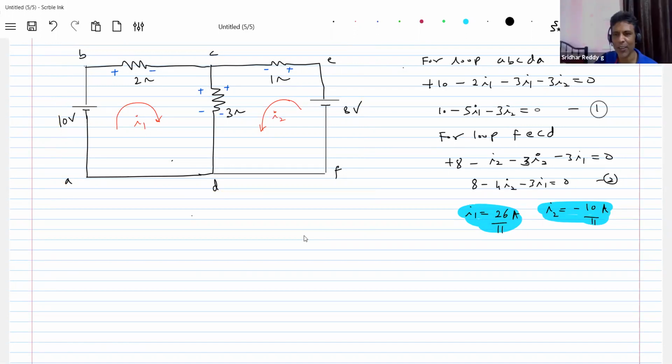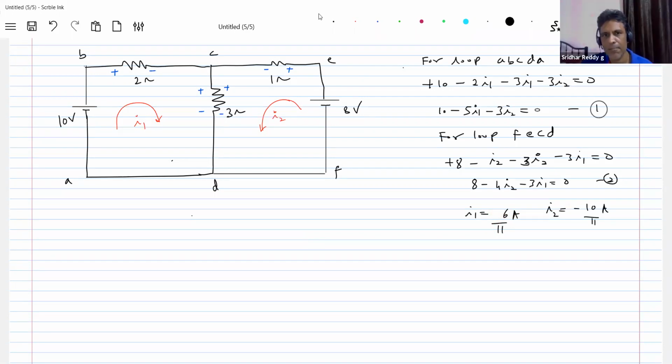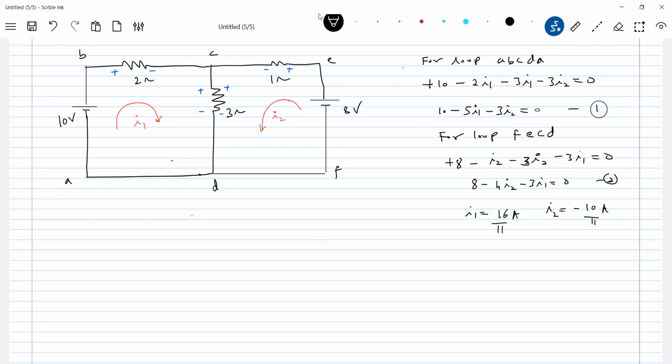Give me exact values because based on that I have to interpret. Yes, it's coming 16 by 11, I1. 16 by 11. Plus 10 by 11. Okay, I got both positive. Okay, it's fine. Like this, these are the current signs.